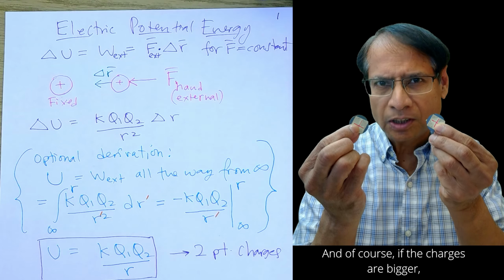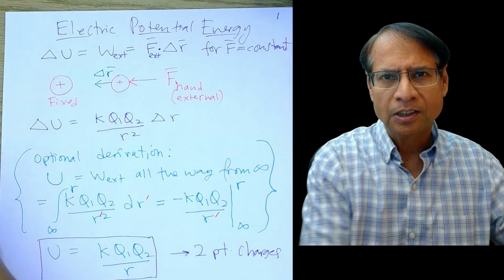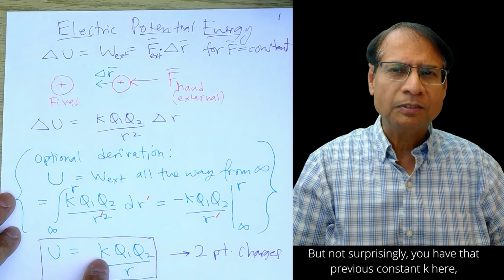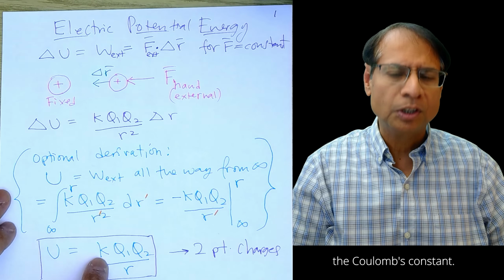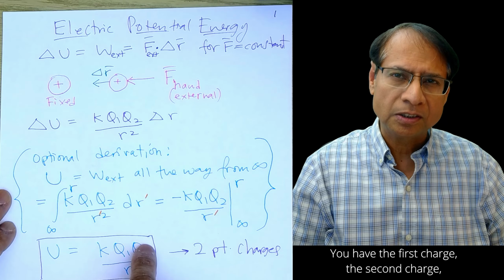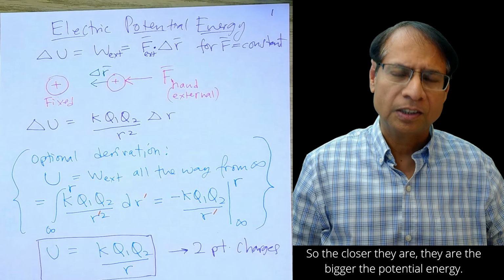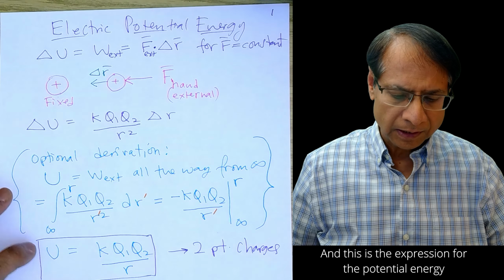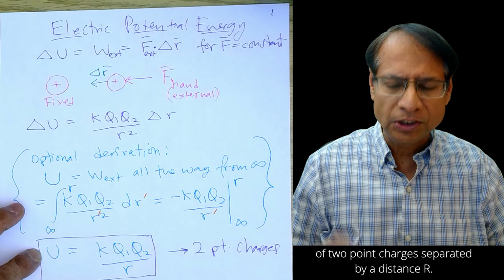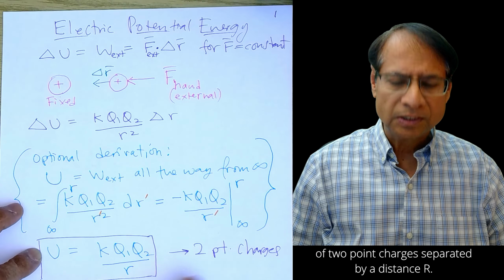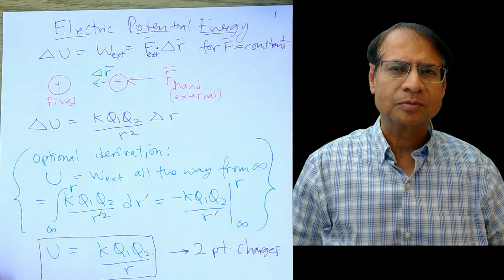And of course, if the charges are bigger, you'll have more potential energy. So not surprisingly, you have that previous constant K here, the Coulomb's constant. You have the first charge, the second charge, and then you have R in the bottom here. So the closer they are, the bigger the potential energy. And this is the expression for the potential energy of 2 point charges separated by a distance R.